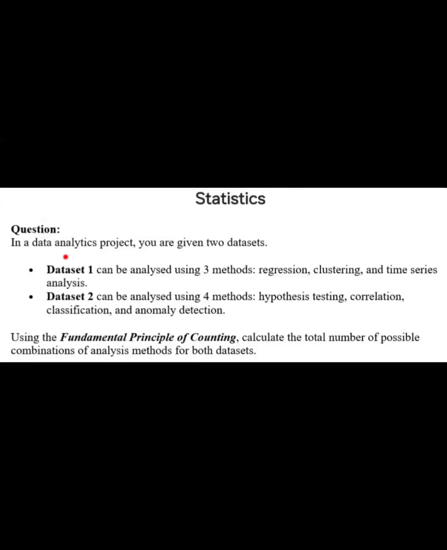So here's our question. In a data analytics project, you are given two data sets. Data set one can be analyzed using three methods: regression, clustering, and time series analysis. Data set two can be analyzed using four methods: hypothesis testing, correlation, classification, and anomaly detection.